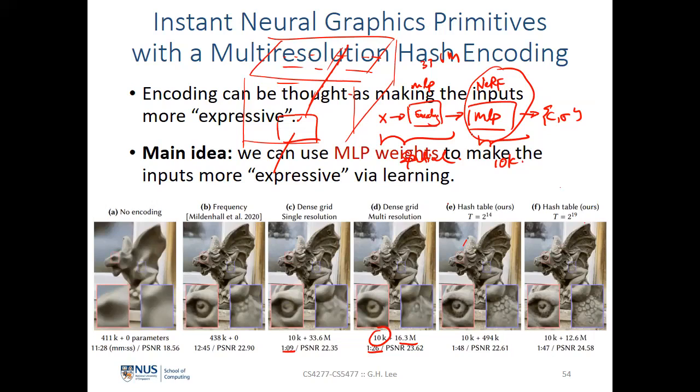But imagine that you have a dense grid, because this encoding here is spatially arranged. So when you have a ray that passes through, you only need to update the weights along that ray of this MLP here, because it's spatially arranged.